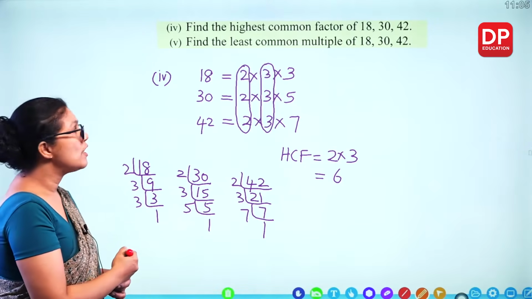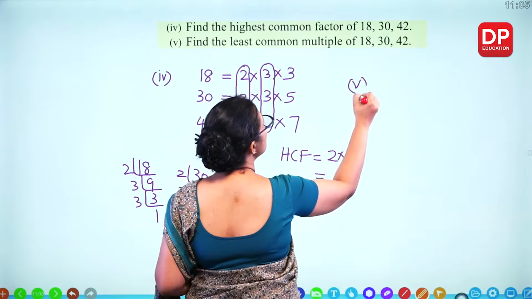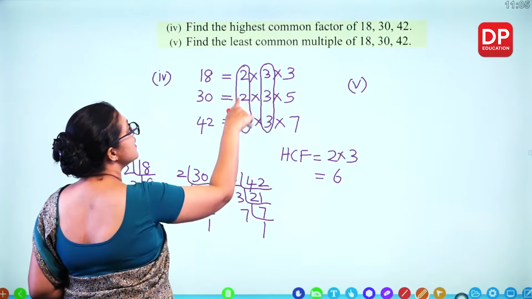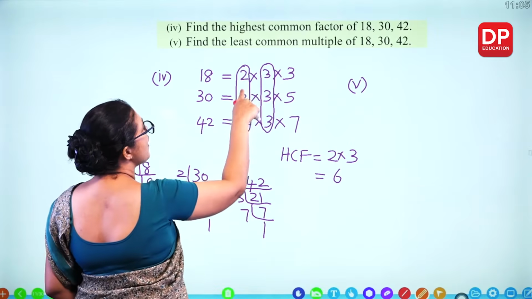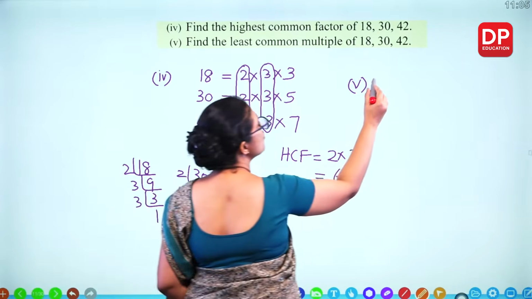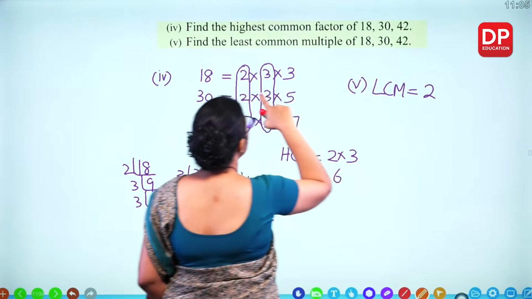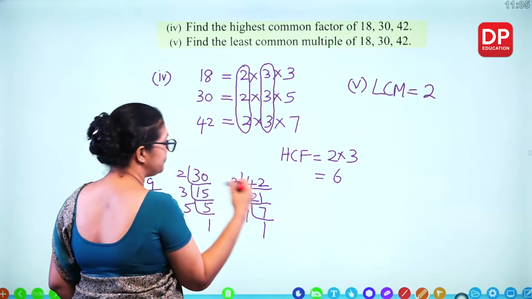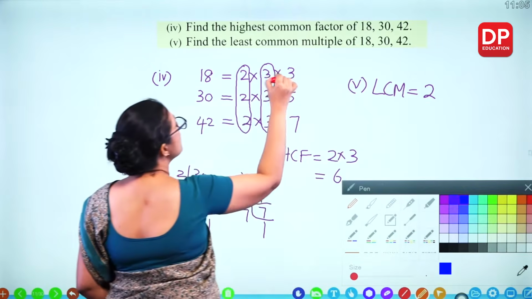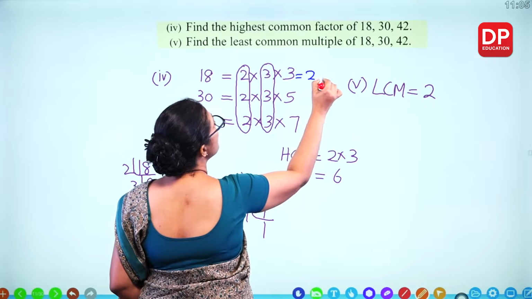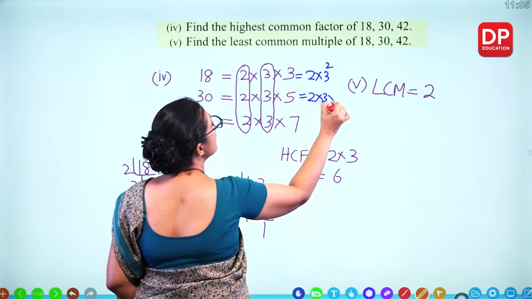Now we'll find out the lowest common multiple. So lowest common multiple, what you do? You take different numbers with highest power. Power 1 for 2. So lowest common multiple, this is 2. This one, you get 3 to the power 2. 2, 3, 5.